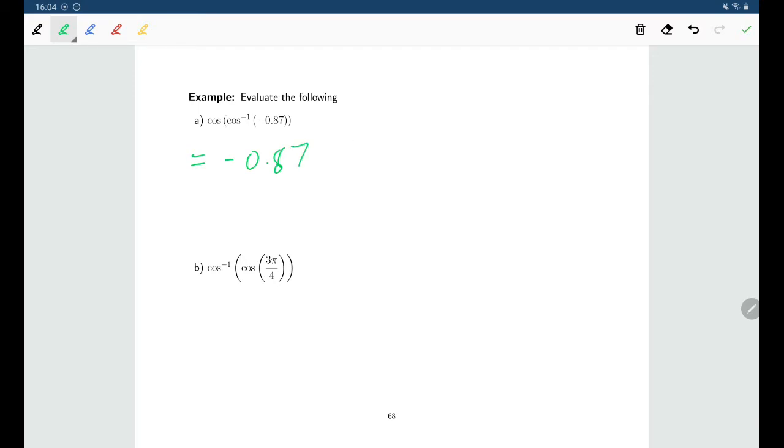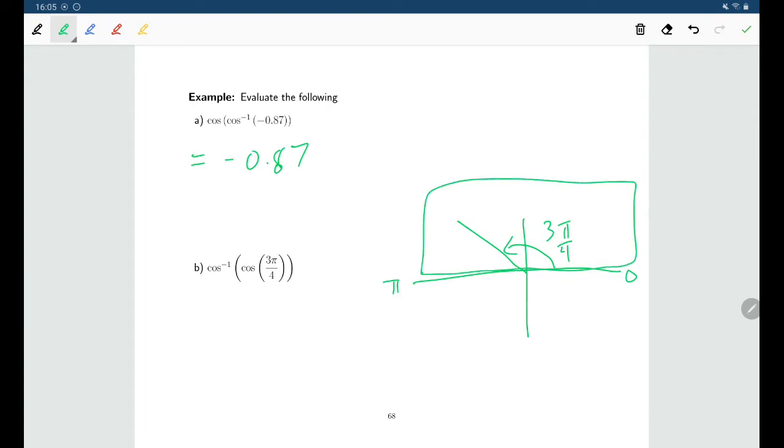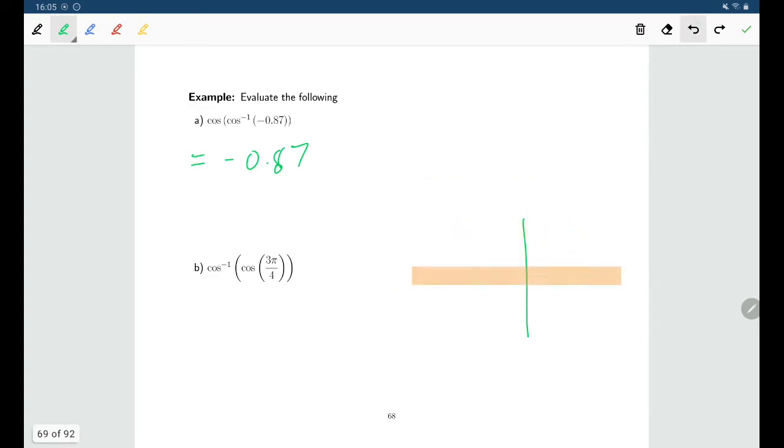Same thing with the next one, cosine inverse composed with cosine of 3 pi over 4. 3 pi over 4, of course, we know that that happens to be in quadrant 2, and that is definitely in that from 0 to pi interval, so we are in that restricted domain for cosine. So that means cosine inverse of cosine of 3 pi over 4, the 3 pi over 4 will be what's left, because the cosine inverse and the cosine will cancel each other.